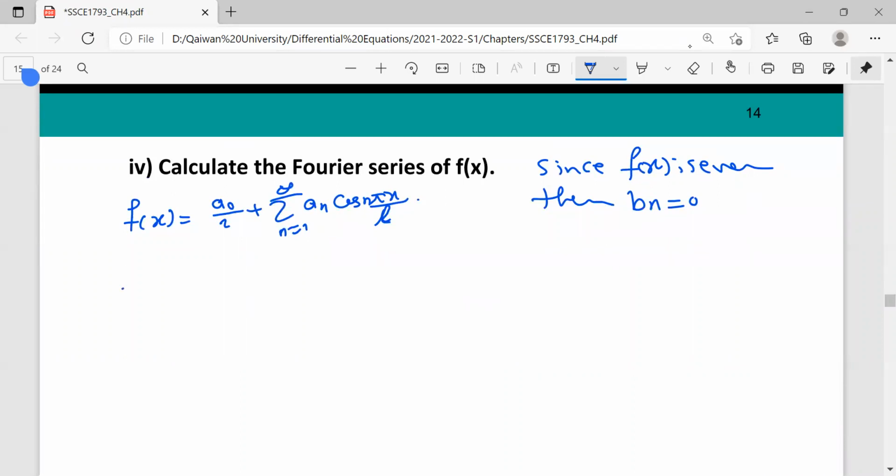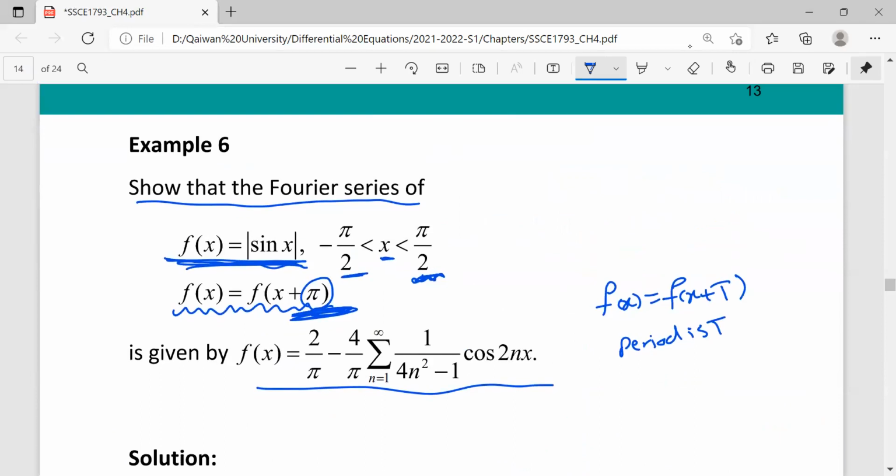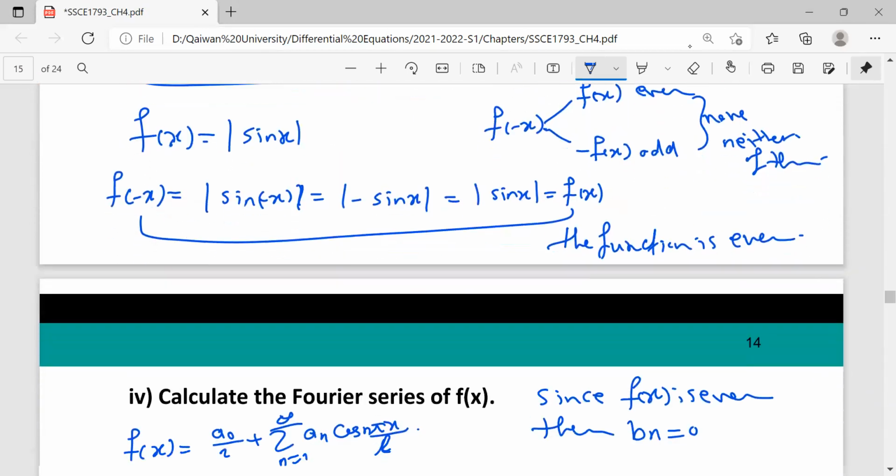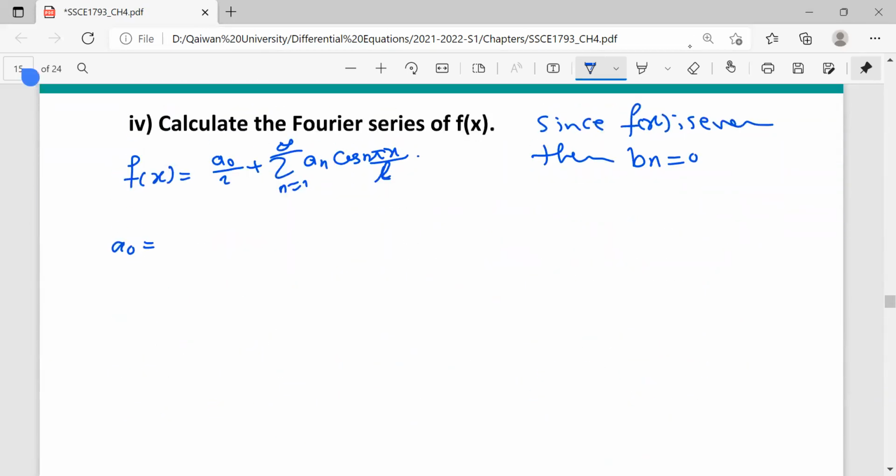We find a naught. A naught equals 1 over L, the integration from minus L to L of f of x dx.